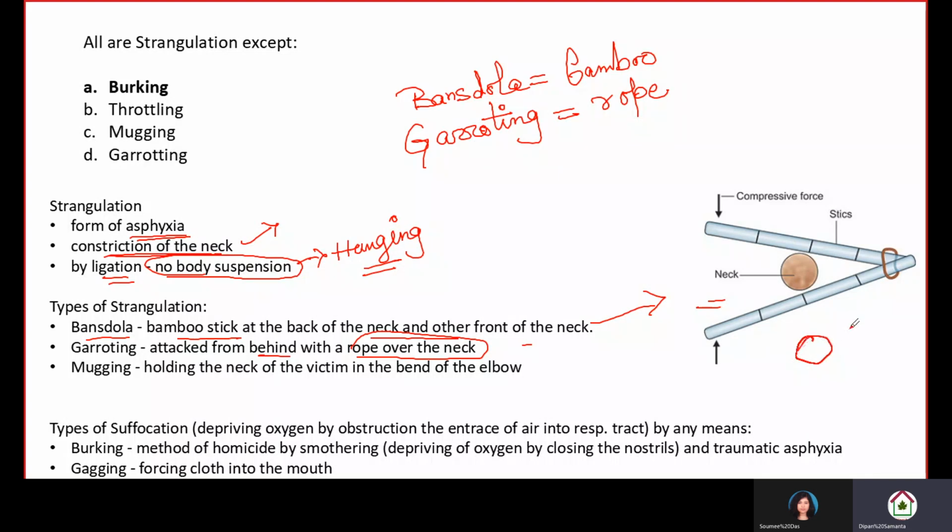If this is the neck, the rope is tied like this, the knot is like this, and it will be compressed. This rope will be extended, and naturally the rope will be tied tightly around the neck, thus constricting it. So that is garroting.